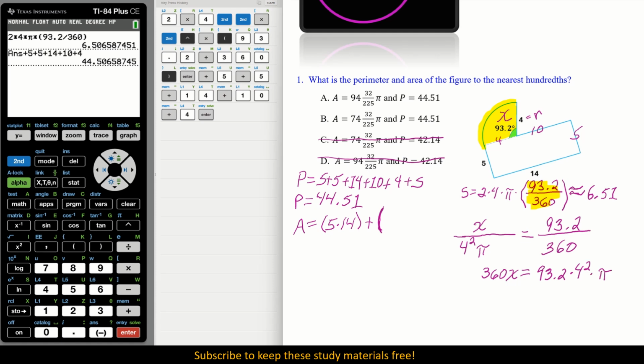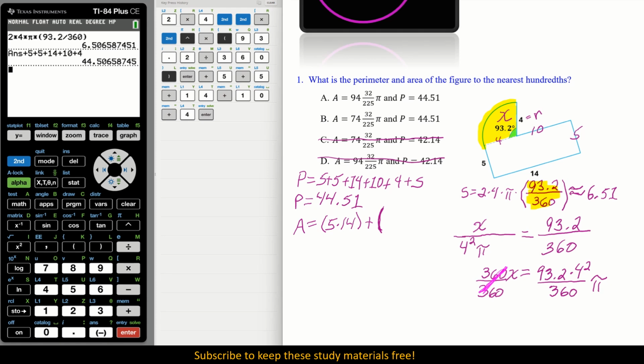So what do I want to do? I want to divide both sides by 360. Let me rewrite this so you see what we're doing. Pi is just going to tag along, okay? And then this becomes 1, so it cancels out.